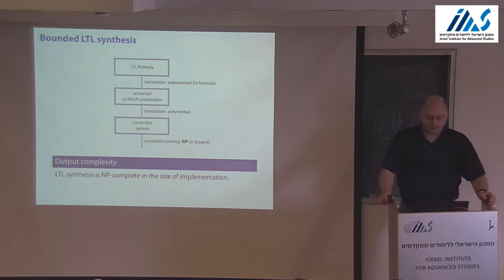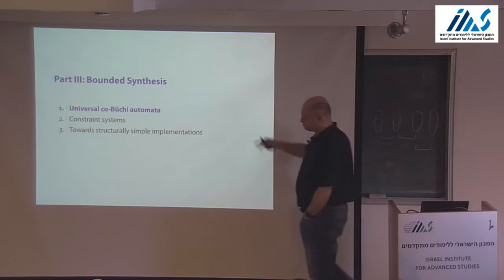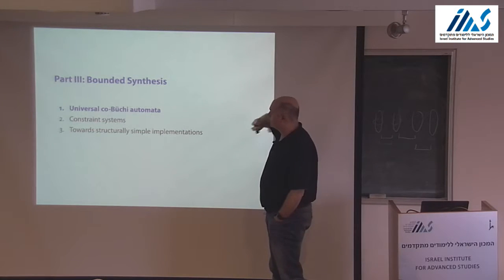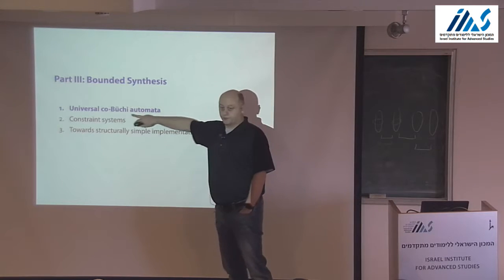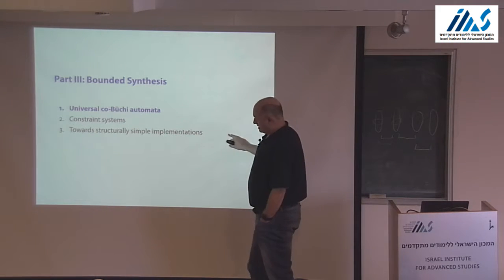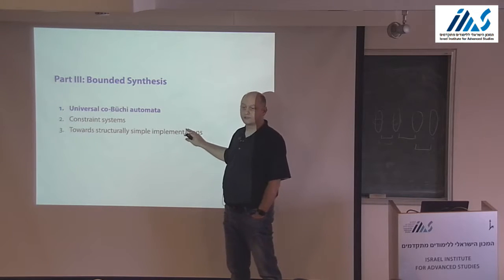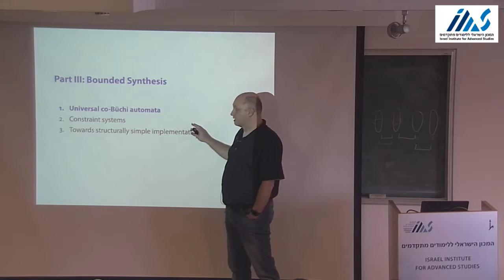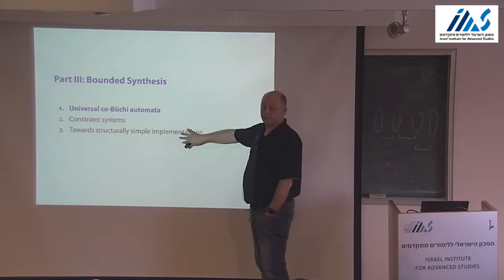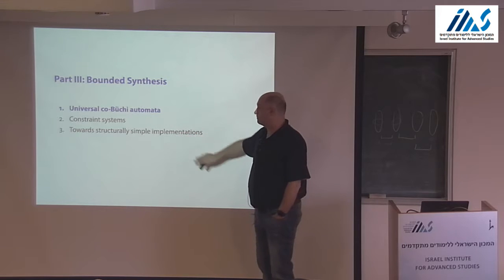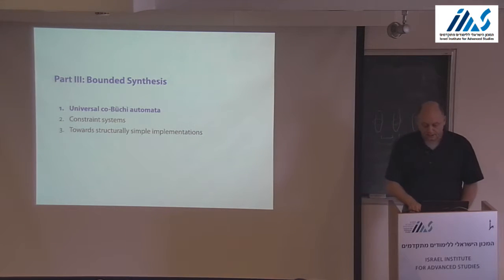Okay, so what's the story about universal automata? In the rest of this part, I'll quickly explain what universal automata are. Then we'll build constraint systems. And then I want to say a few more words about what it actually means to build small implementations, because minimizing the number of states is, of course, important, but it's certainly not the only thing we want to get small.